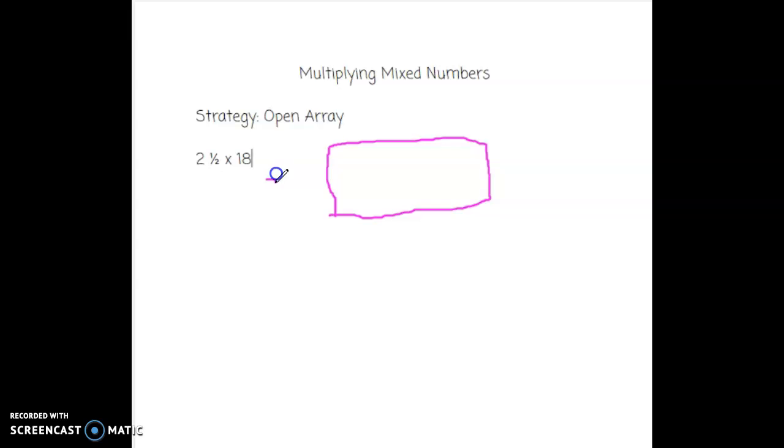So do 2 1/2 on one side and 18 on the other. Then you're going to break apart 2 1/2 into the whole number 2 and the fractional part 1/2. And then you're going to break your rectangle to break those two numbers up.